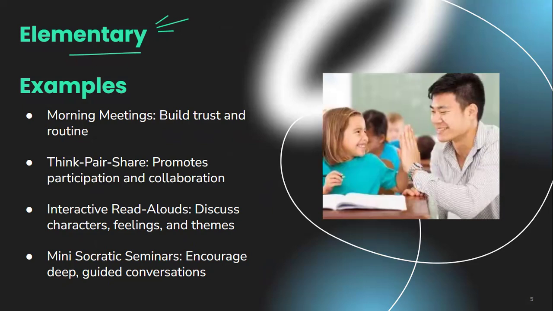Simple structures like the morning meetings and the partner discussions create safe spaces for them to talk, to share, and reflect, even through storybooks or visuals. Interactive read alouds help them to discuss characters, feelings, and themes in a safe, approachable way. Elementary students can even do mini Socratic seminars where we can encourage, through strategic questioning and careful scaffolding, deep, guided conversations.